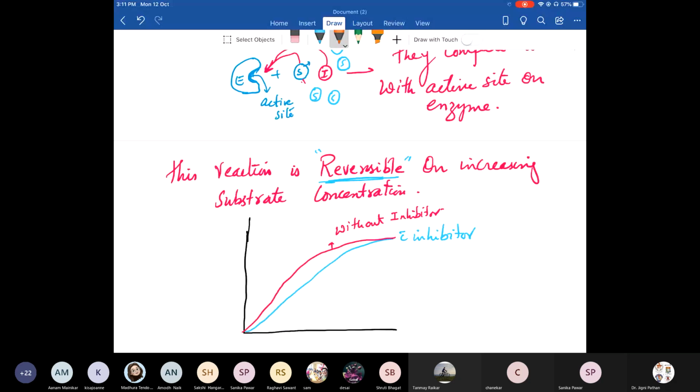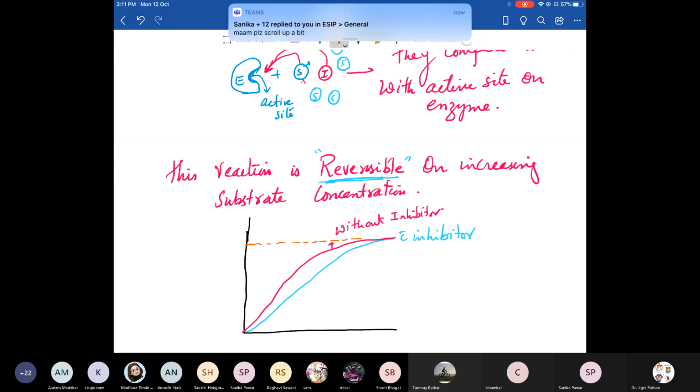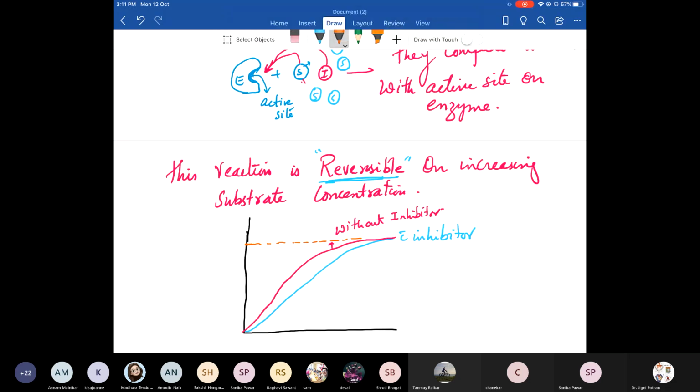Then you get, so what is this? Tell me, what is this? Okay, Sanika, I'll scroll up. Tell me what is this on the y-axis? What is this? Quickly.